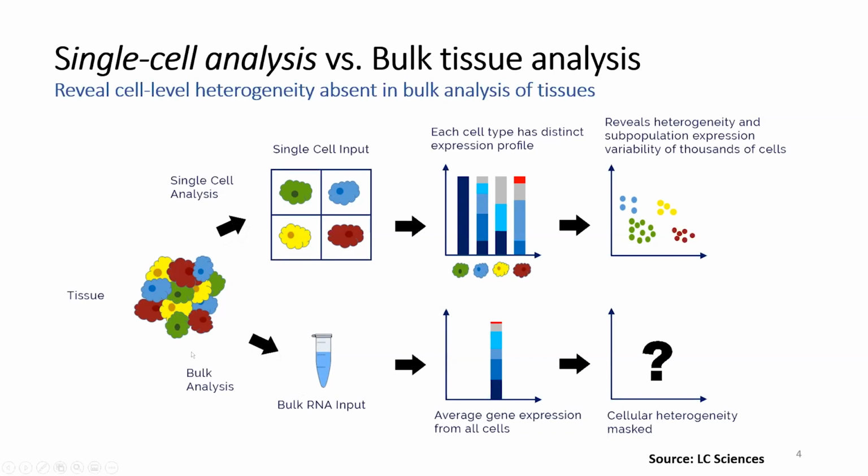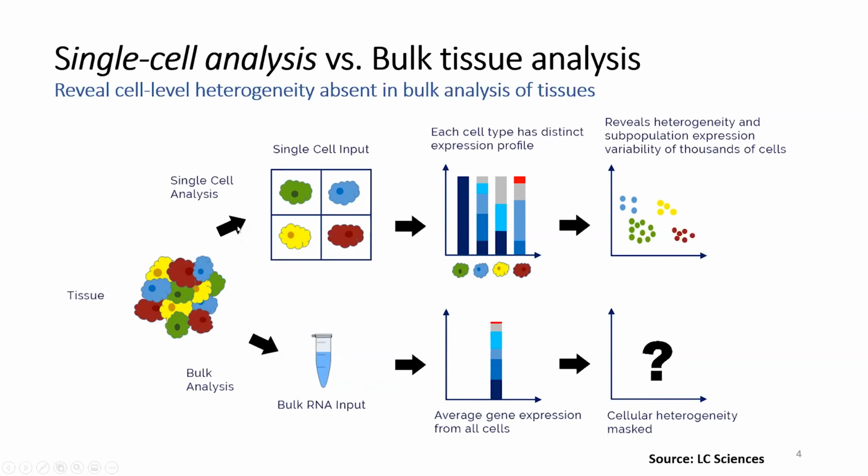Looking at bulk RNA-seq analysis, the workflow is very straightforward. You get the tissue, you extract the bulk RNA, and you get the average gene expression from all the cells. You don't actually get to see the heterogeneity unless you take a sub-portion of the tissue.